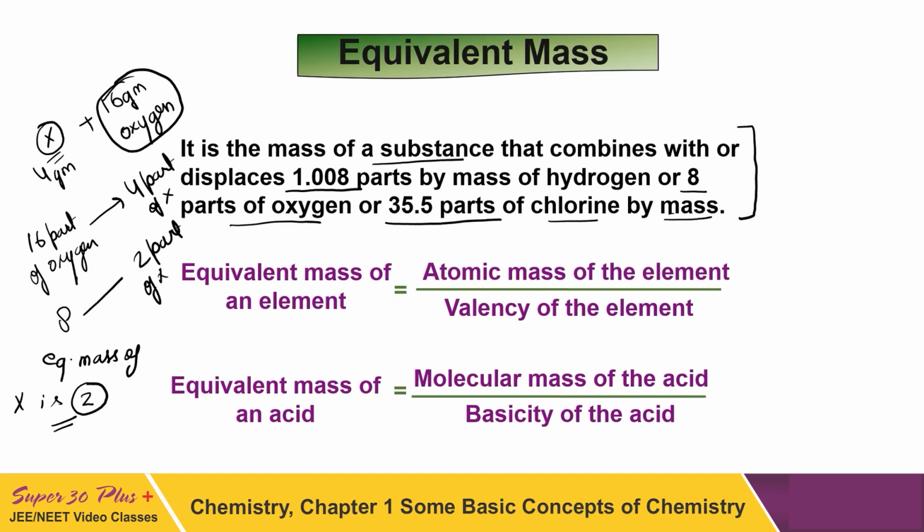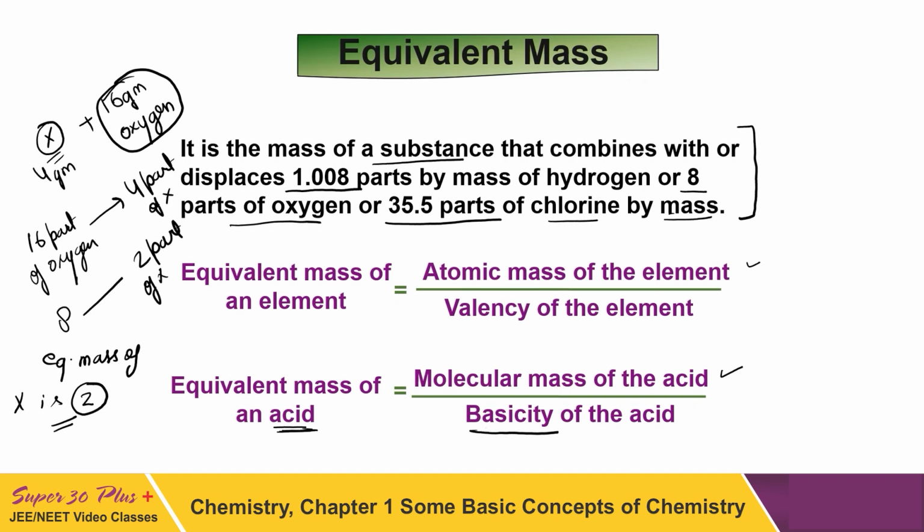Or you can also define the equivalent mass by this formula: equivalent mass is atomic mass upon valency of the element. Now what is the valency? Valency of an element can be defined in different manners. For example, if you are calculating the equivalent mass of an acid, for an acid the equivalent mass will be molar mass divided by the basicity of the acid. Students, you must know what the basicity of an acid is.